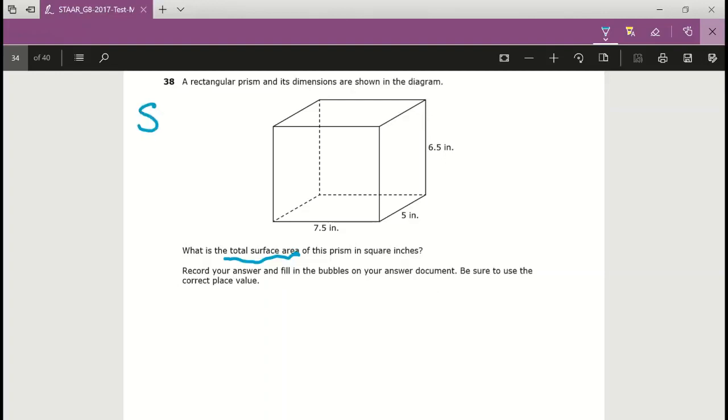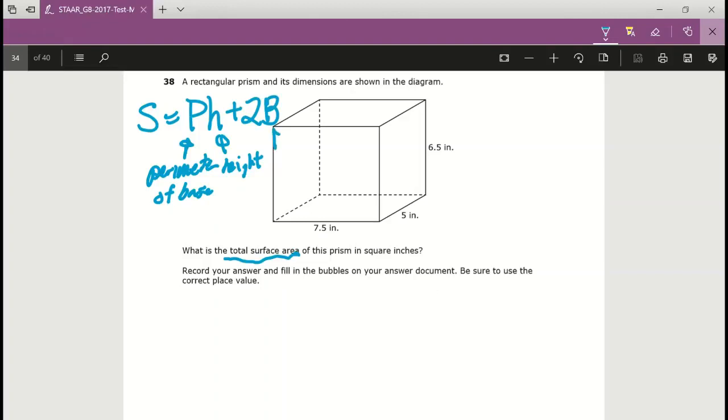Surface area equals PH plus 2 big B. Remember that P is the perimeter of the base, H is our height, and big B is our area of the base.